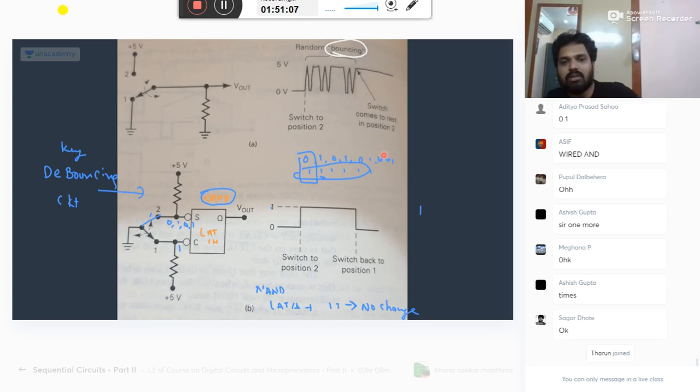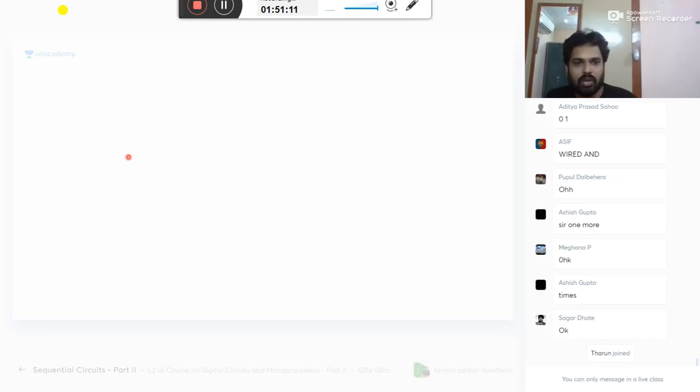I am repeating, please listen. One line is at 5 volts. The other is connected, initially at this level. But I change the switch to the ground position.